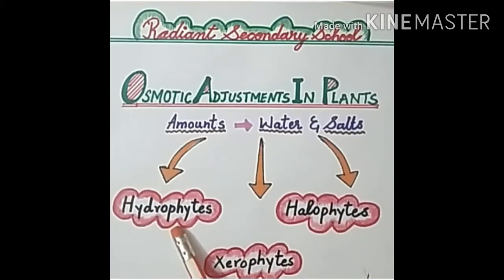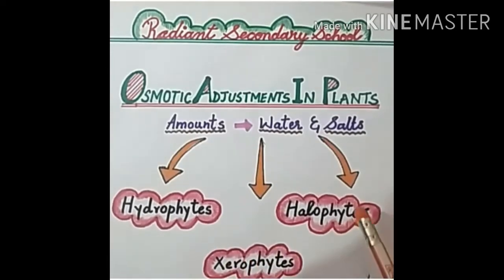Hydrophytes are the plants which live in excessive amount of water. Xerophytes are the types of plants which live in dry environment, and halophytes are the plants which live in salty environment like seawater. Now we will discuss all these three types in detail.